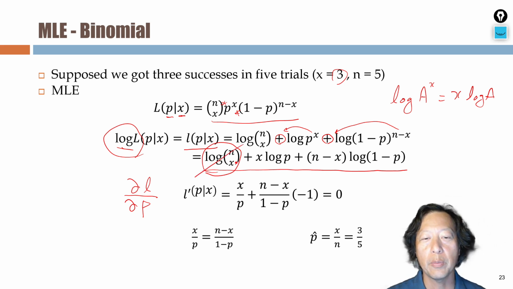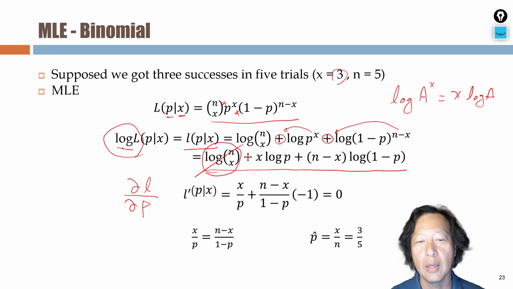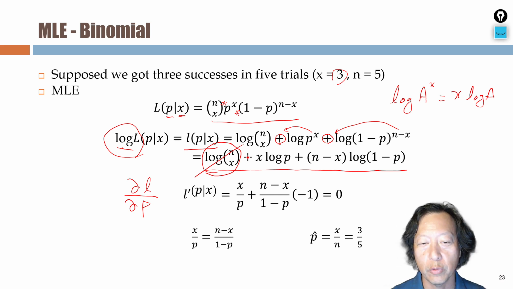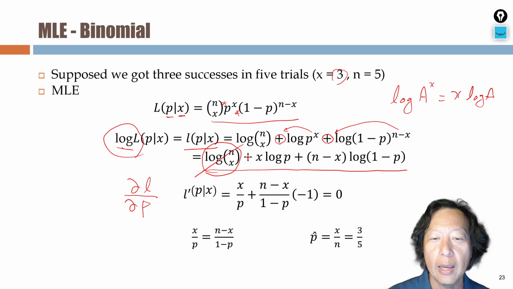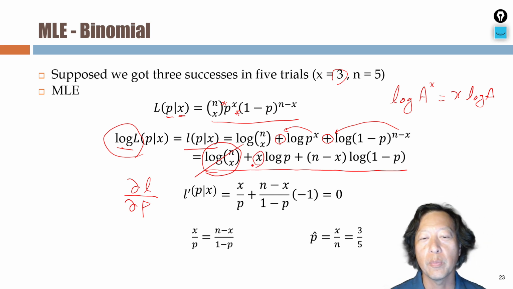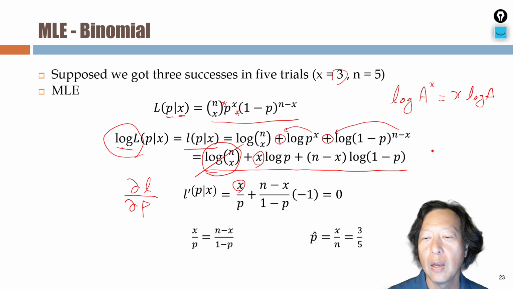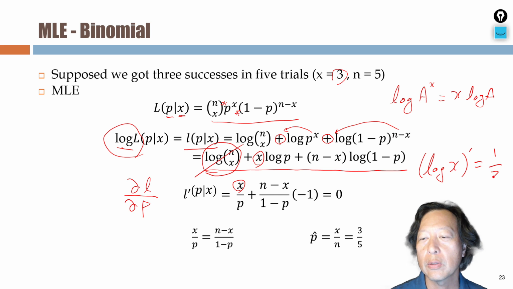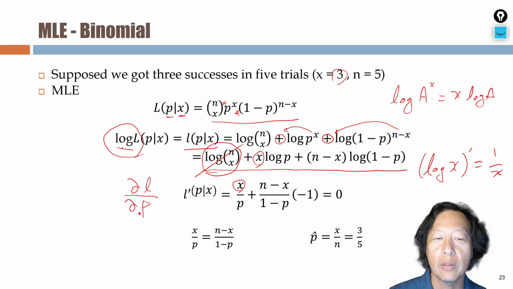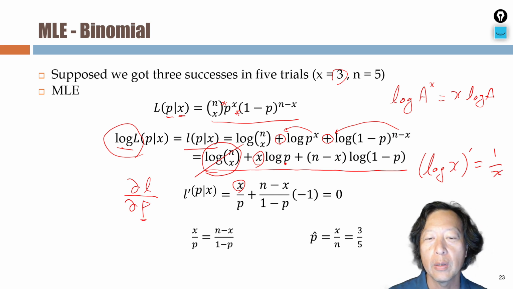Because it doesn't have any P, it's a constant from the point of view of P, so if you take a derivative, that's gone. And in this one, x is just a multiplication by a constant, so you keep x. And the derivative of log p is 1 over p. So it's x times 1 over p.